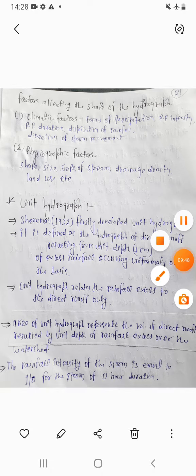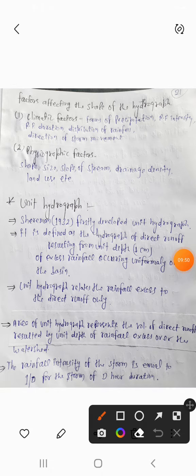In climatic factors: form of precipitation, rainfall intensity and rainfall duration, distribution of rainfall, and direction of storm movement. Next, physiographic factors: shape of watershed, size of watershed, slope of streams, drainage density, land use, etc.